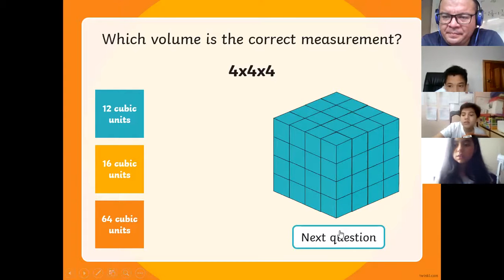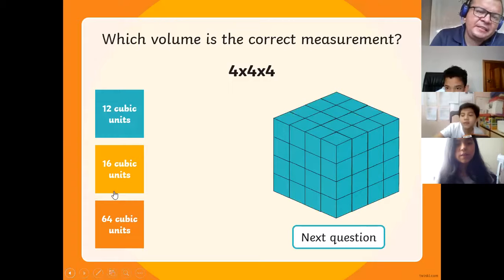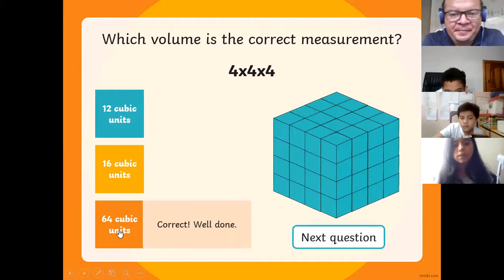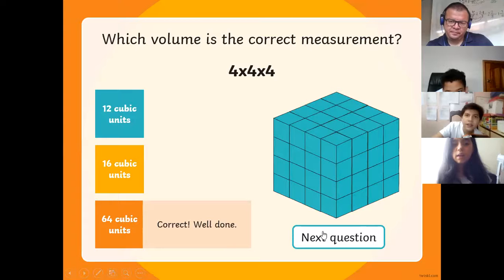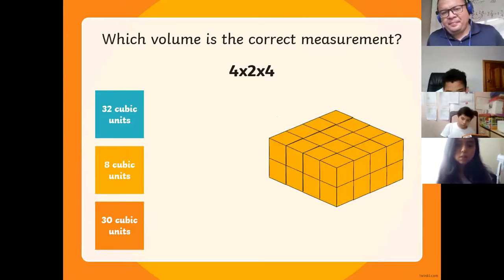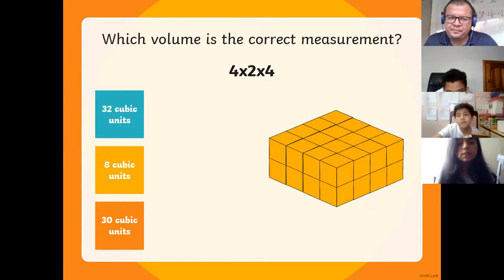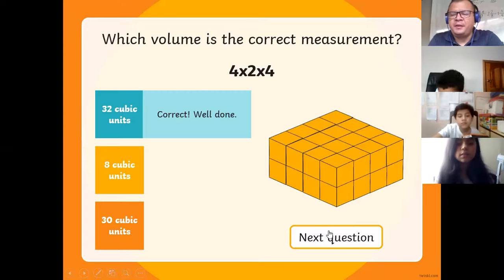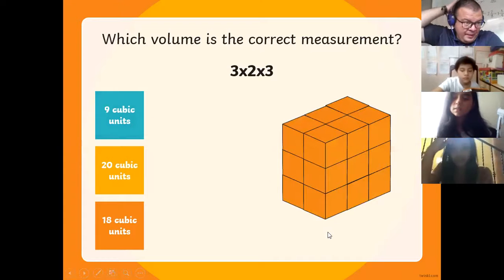How many? It's 64. Which volume is the correct measurement? 4 times 2 times 4. 32. Very good. And this one.